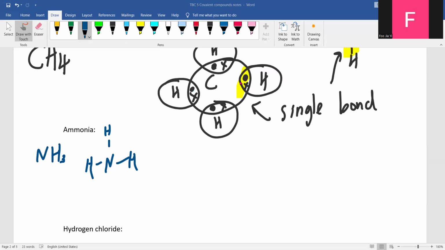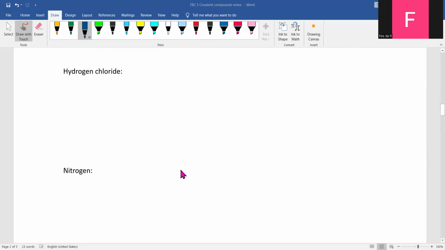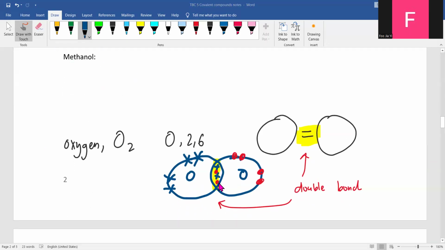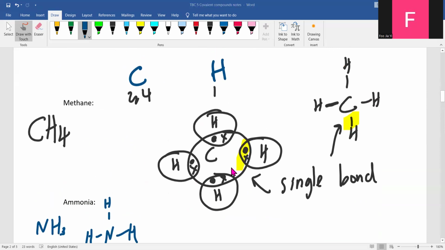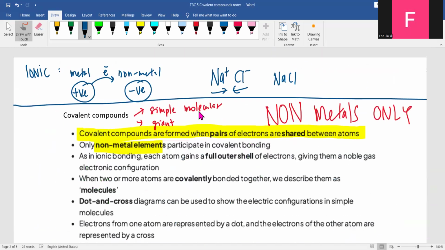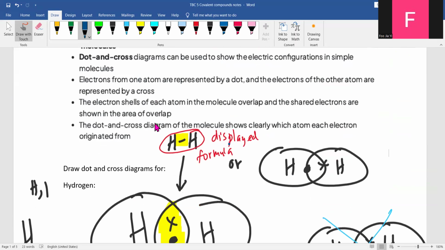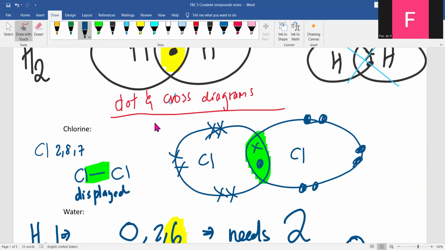Not yet done. All right, do it now. Do these three: ammonia, hydrogen chloride, nitrogen, and methanol. This one is the one that says here, covalent compound. Page says covalent compound. Yes, this one. And then you drew hydrogen.